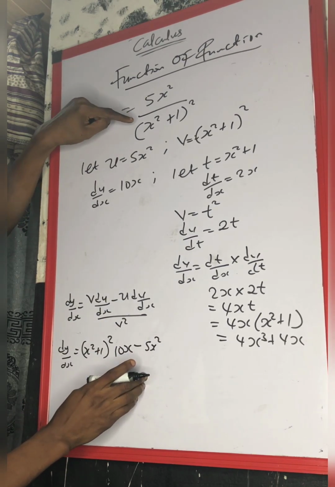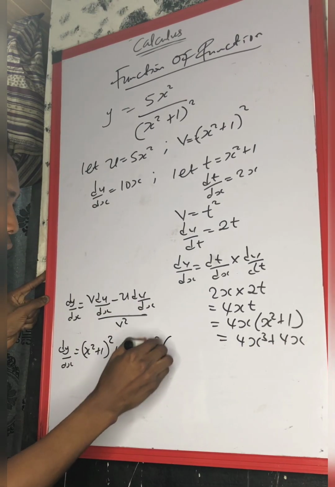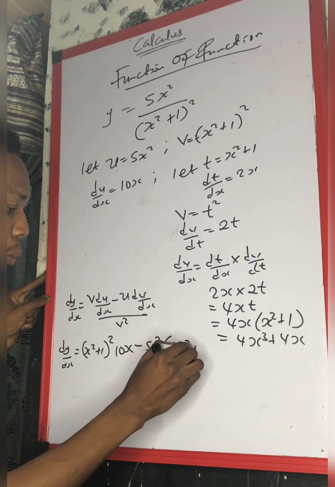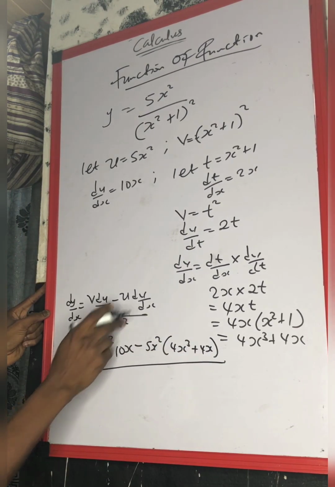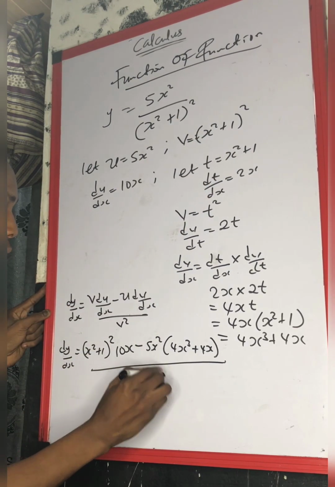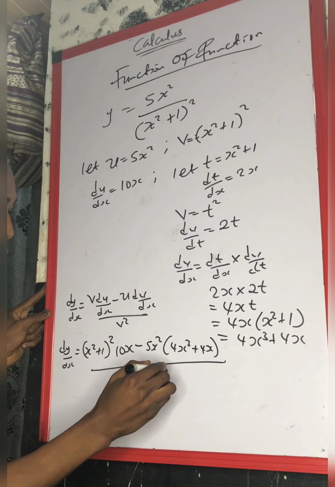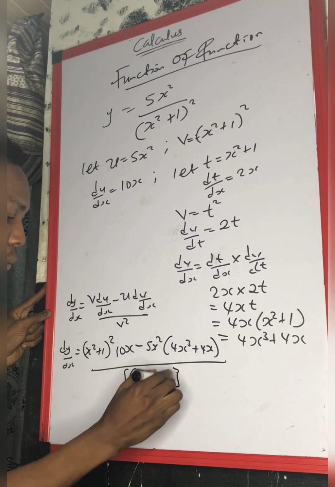So then dv/ds, which is everything here, that is 4s cubed plus 4s, all over the denominator. Our v is everything here, which is s squared plus 1, then squared, then all squared.